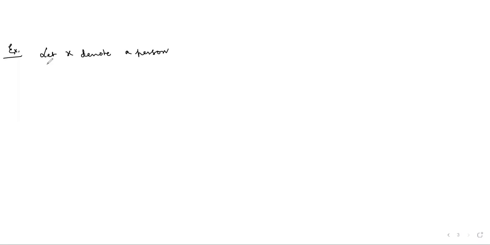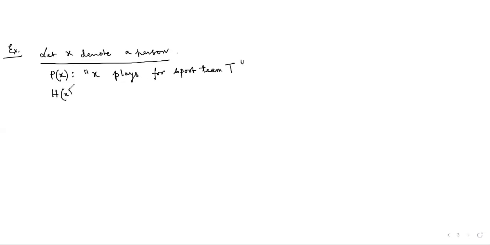Now the property Px gives you the statement that X plays for sport team capital T, and property Hx means that X is healthy.